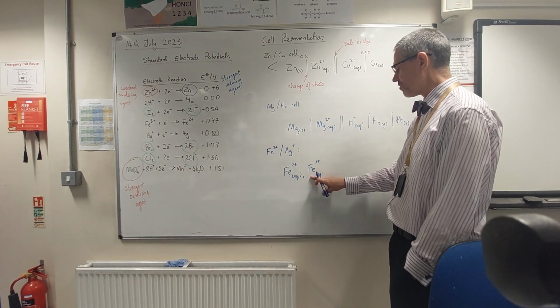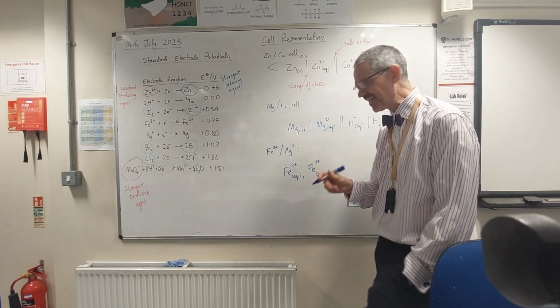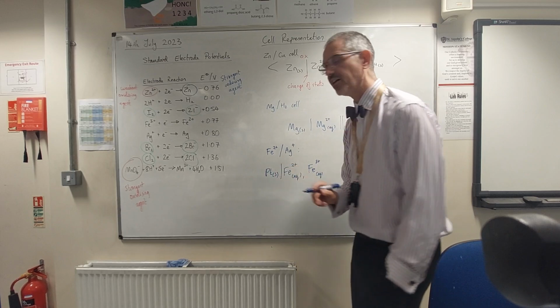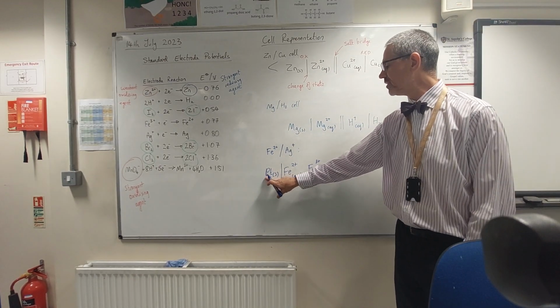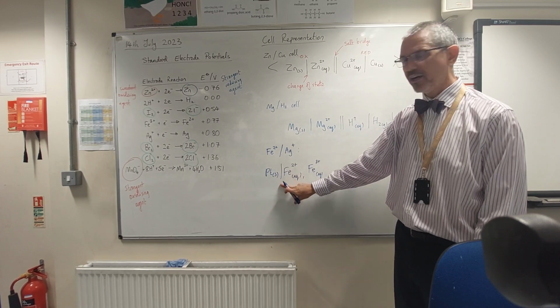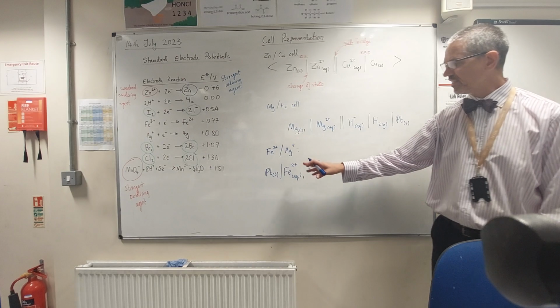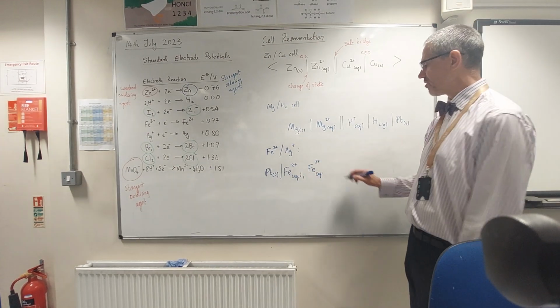Iron 2 to iron 3, but hang on, that still doesn't conduct electricity, does it? I haven't got a metal in there, so we're going to need to add a platinum electrode as well. Platinum always goes on the outside of the cell representation. So platinum, solid line, because I've got a state change, but then iron 2 and iron 3 are both aqueous, same state, same phase, so they can just be separated by a comma.